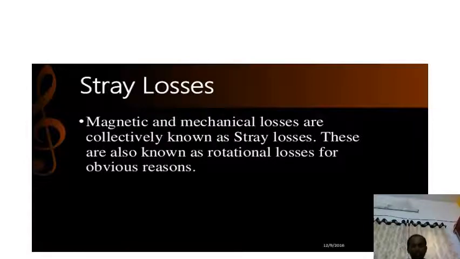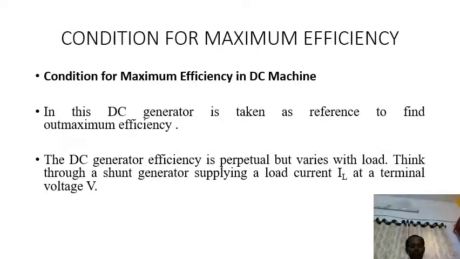Next one is mechanical losses. Mechanical losses are produced at the input of the DC generator.